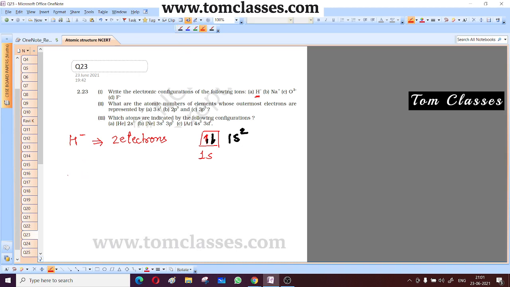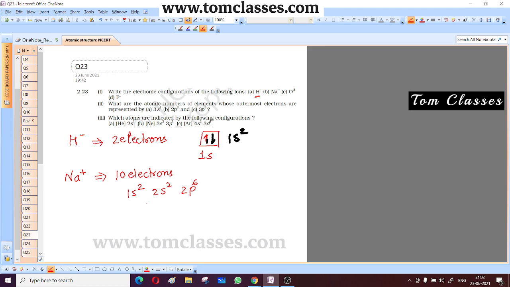Then we have Na plus. For Na plus we have 10 electrons here. In 10 electrons, I will write 1s2, 2s2, 2p6. It is a stable configuration, right?